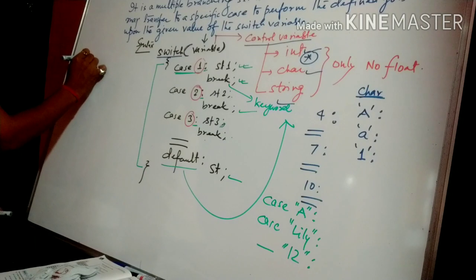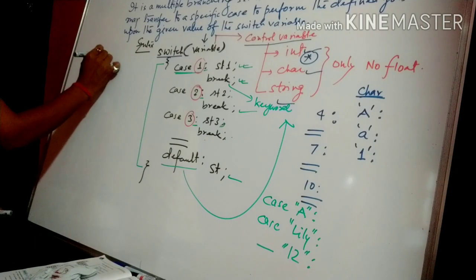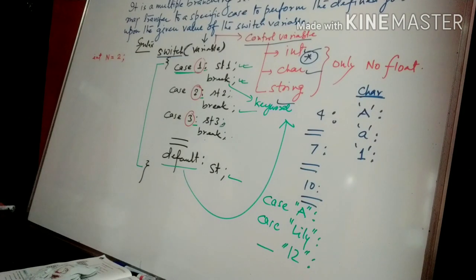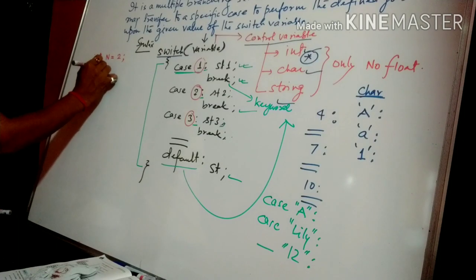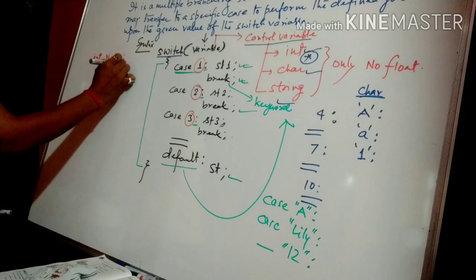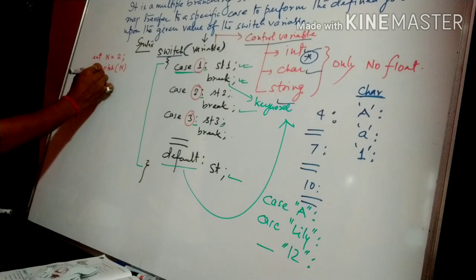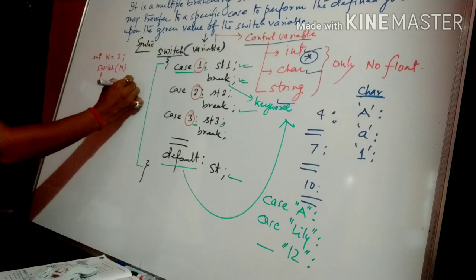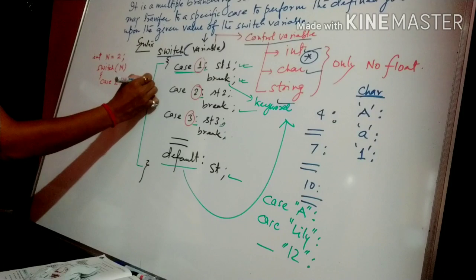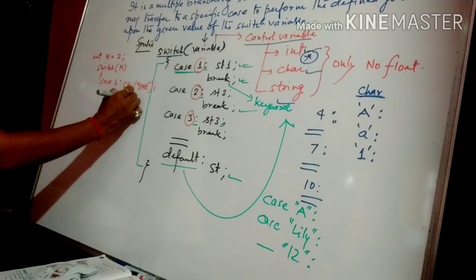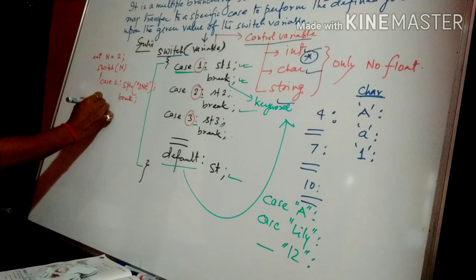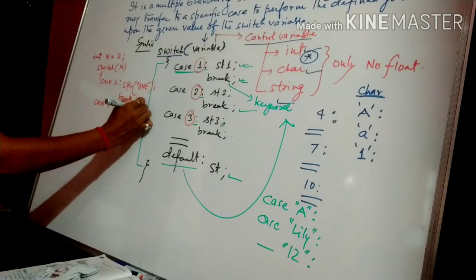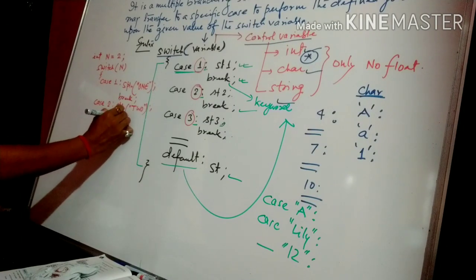Here is an integer n equal to, suppose I wrote here 2. This is numeric, and here is a switch, small letter, within parameter we pass n. And here you write case 1 colon, System.out.println 1, then you write here break. Case 2, println 2, break.